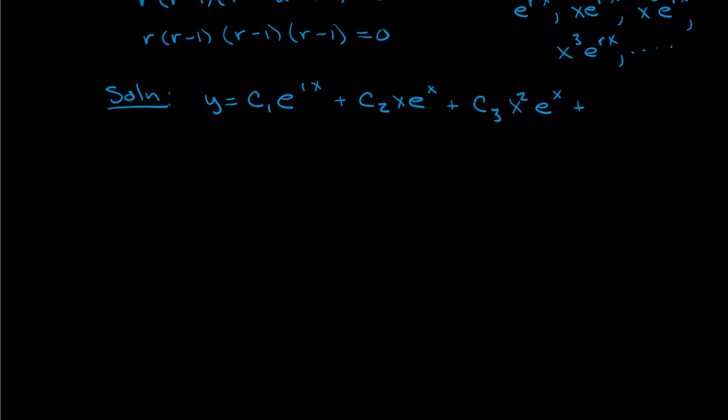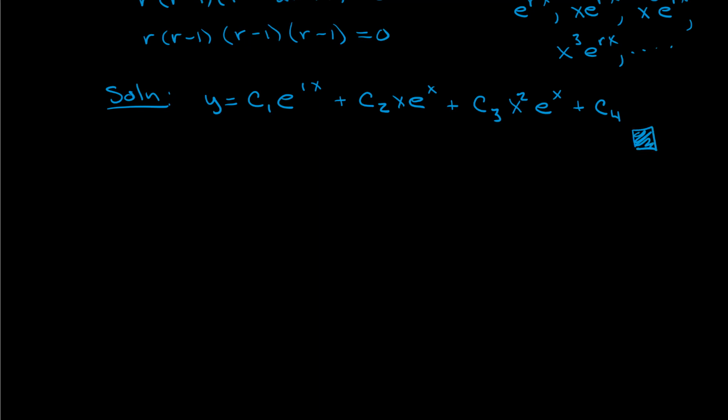Plus, now be careful here, we have c4, we have e to the root, which is 0 times x. That root of 0 comes from over here. When you raise anything to the 0 power, it's just 1, and there is our general solution.